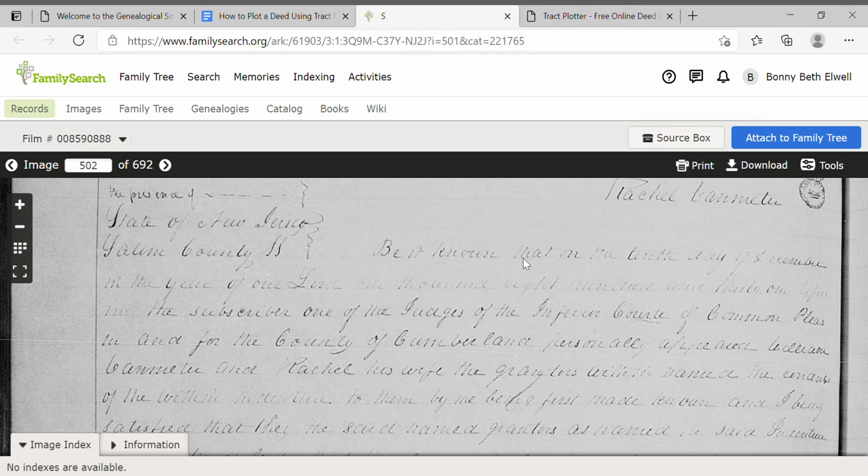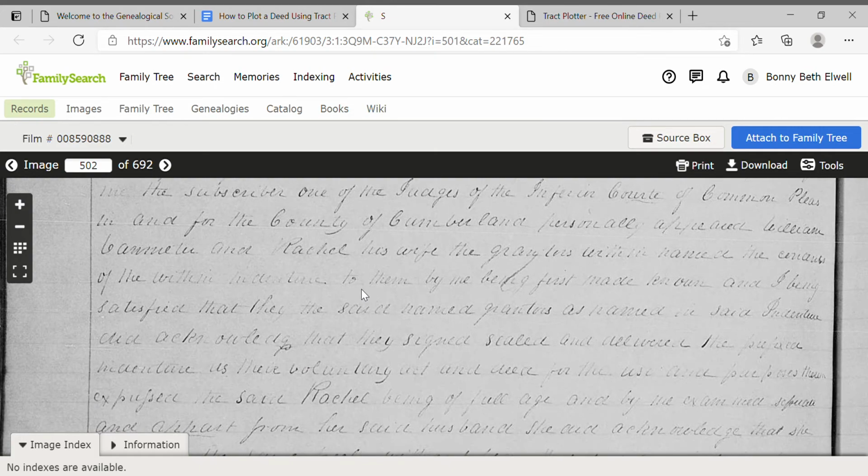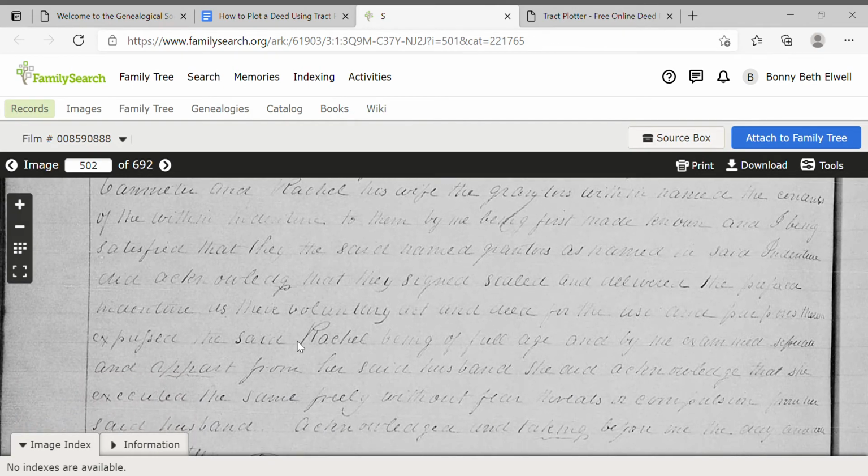It says, "Be it known that on the 10th day of December in the year of our Lord 1831, before the subscriber, one of the judges in the common pleas, etc., personally appeared William Van Meter and Rachel his wife, the grantors within named," and they acknowledge that they in fact sealed it. It's basically proving that they really are the ones that wrote the deed.